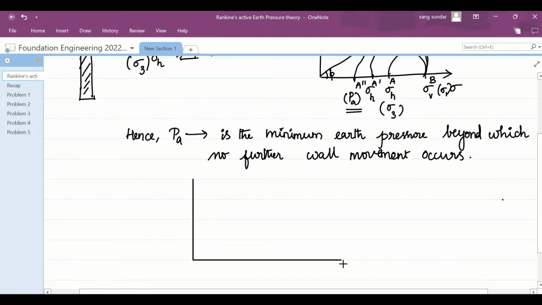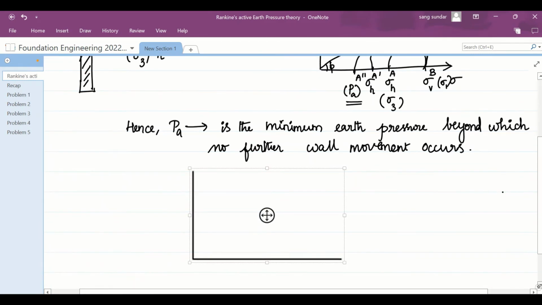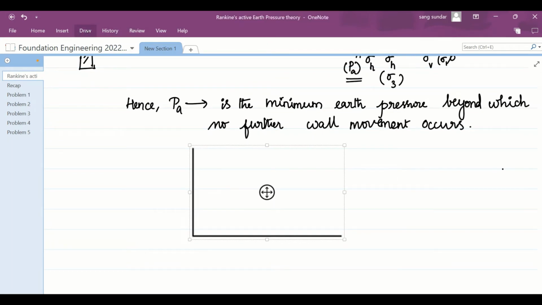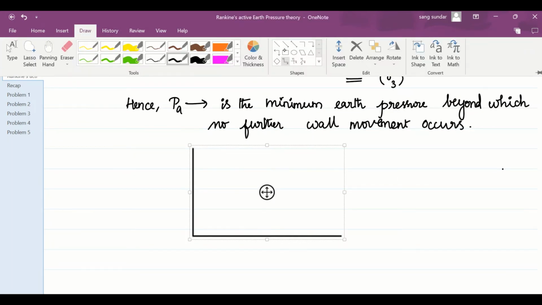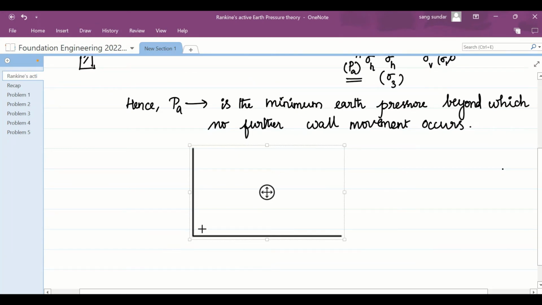So now just translate your failure envelope and active earth pressure condition into a new graph just like this, and draw your failure envelope, and here you go: your horizontal axis as sigma and tau as your vertical axis, and this is your failure envelope that passes through the origin, and inclination of your failure envelope is phi, and O be the origin of your graph, and here is your Mohr circle at active earth pressure condition.